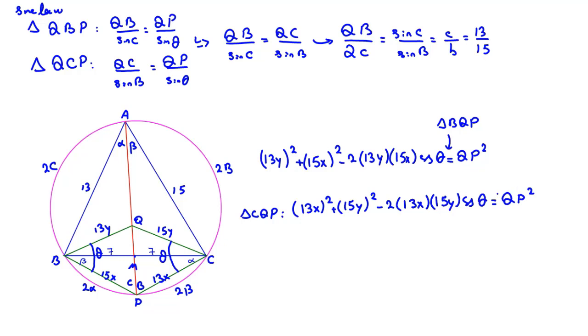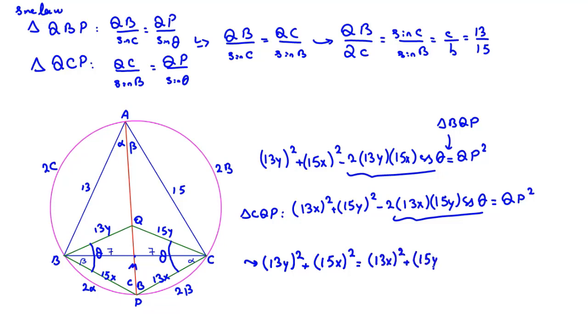Because both are QP squared, they are equal, and the cos theta parts are equal because both are 2 times 13 times 15 xy. Now we can conclude (13y) squared plus (15x) squared equals (13x) squared plus (15y) squared.